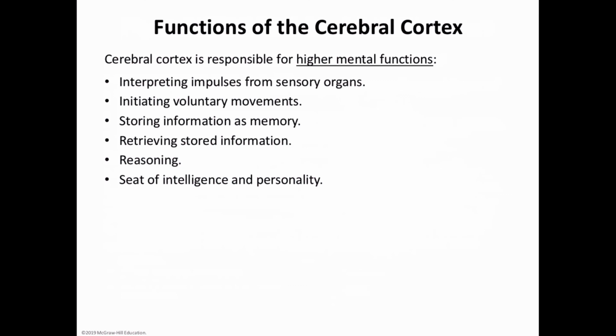I won't get into these very deeply because I can't ask everything on the test. However, what I will say is this is the reason that we are who we are, meaning our cerebral cortex. That seat of intelligence is just as stated there, meaning it's why a person is intelligent.